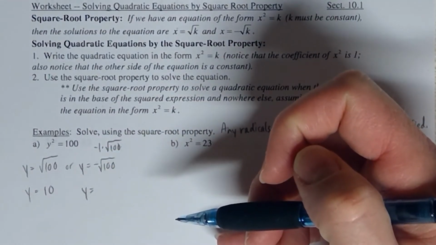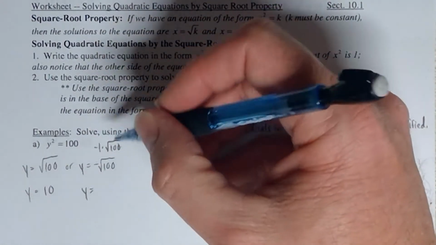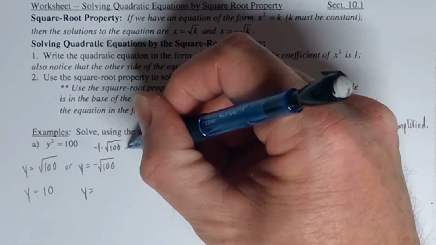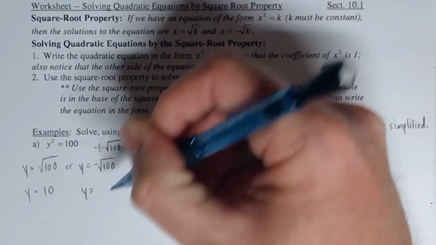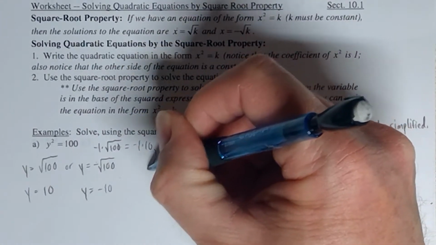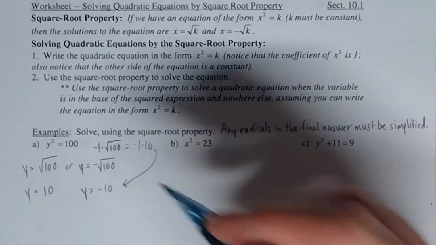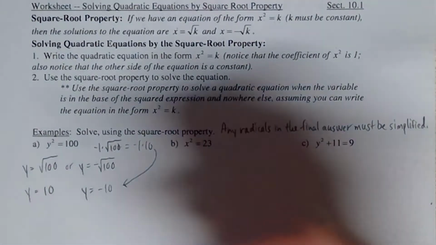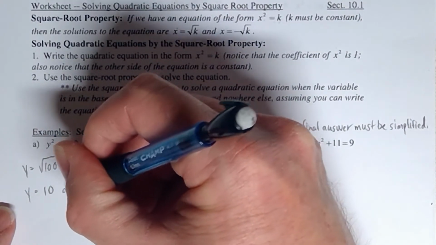We learned about that before, back in chapter 9. So this would end up being negative 1 times 10, which is negative 10. You don't have to write down all this stuff here. We've learned about that already, so I'll let you just write down negative 10 as long as you're sure that it's negative 10. That's fine.